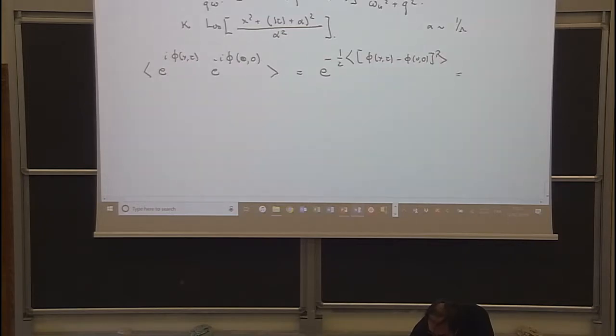And then this is exponential of minus k over 2 log of something. So you see that if I compute correlation functions of the exponential of the field, what I get at the end is a power law, with a power which is k over 2, of something like alpha squared divided by something.